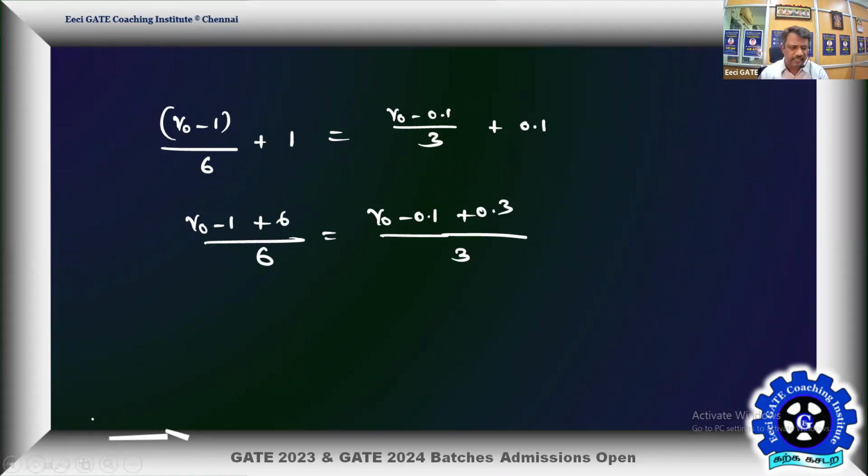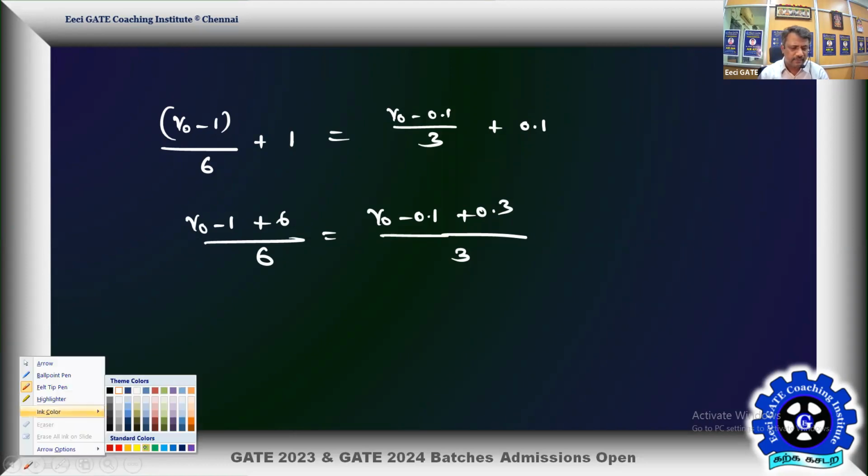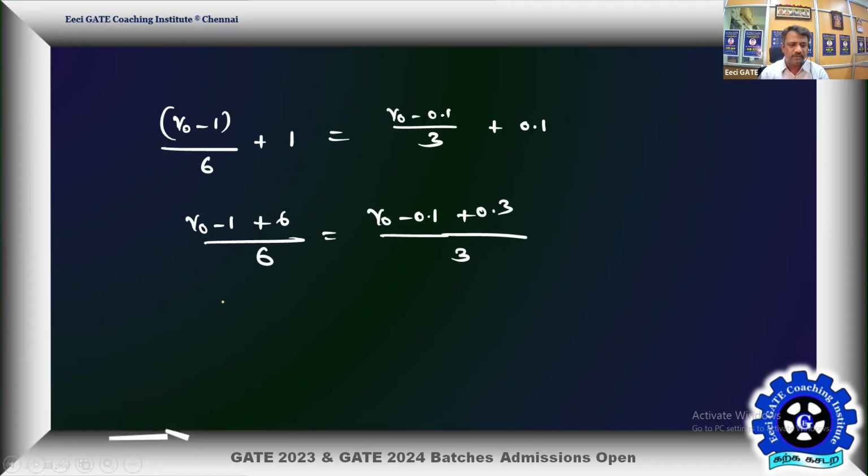Then I can either cross multiply, otherwise better. This is going to be 2 over 6. Then over to the left hand side, the numerator is going to become V0 plus 5. That is equal to, multiply this by 2, so I'll get 2 V0. Then the 0.1 and 0.3 will become 0.2. So 2 times 0.2 is going to become 0.4.